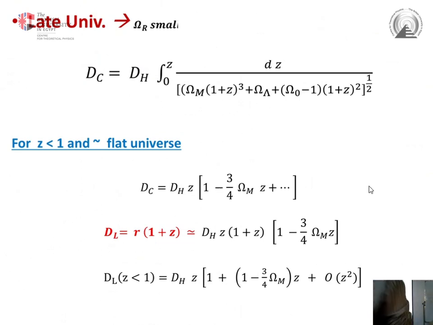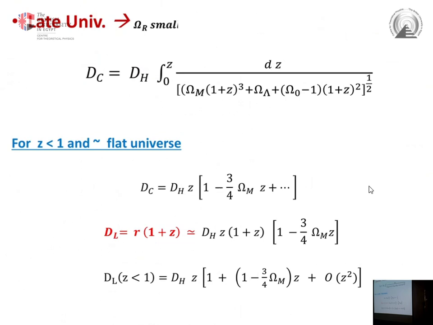You can see from there that the more omega matter, the more this dL has, and the less omega matter here, the more this will start going as a square. The curve as a function of z will start curving to the top.